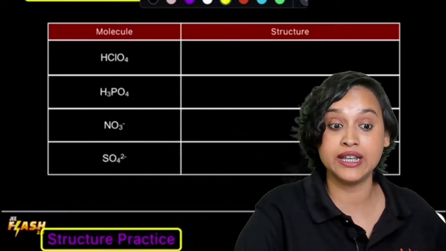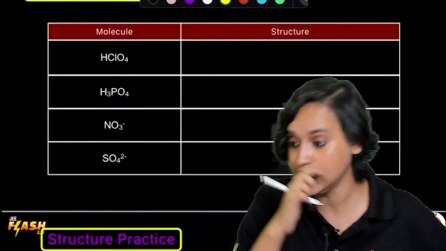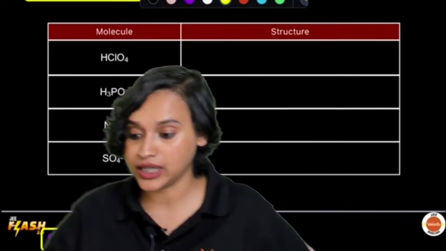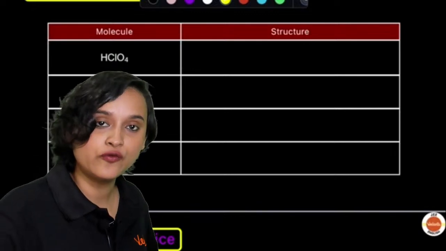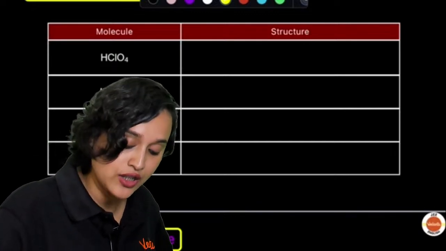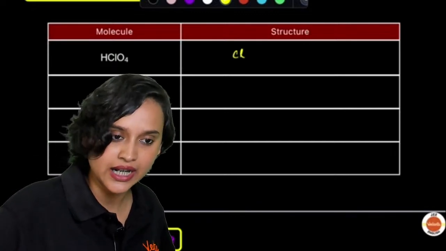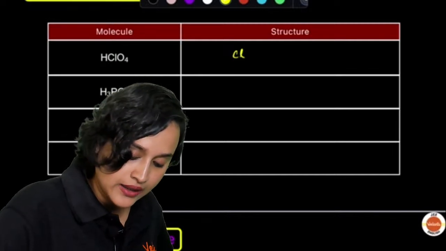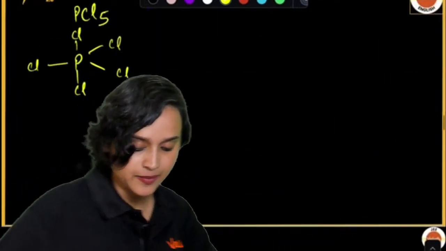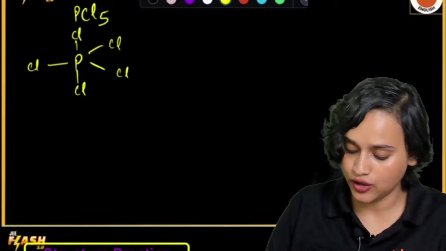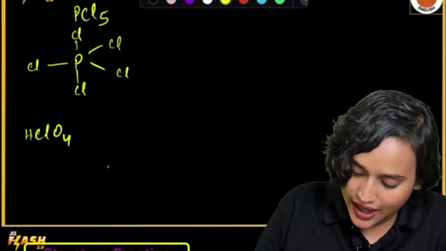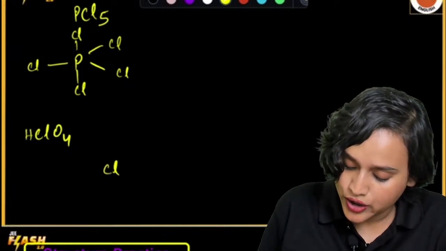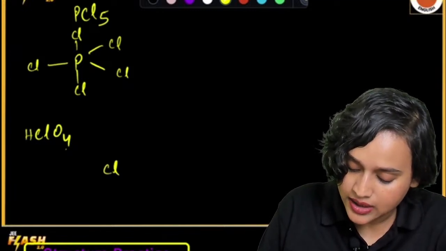Next, HClO4. HClO4 reminds me, we also have to do the strength of the acids. Sure. For HClO4, how do we draw it? We will have Cl here. Surrounding atoms, you have 4 here.